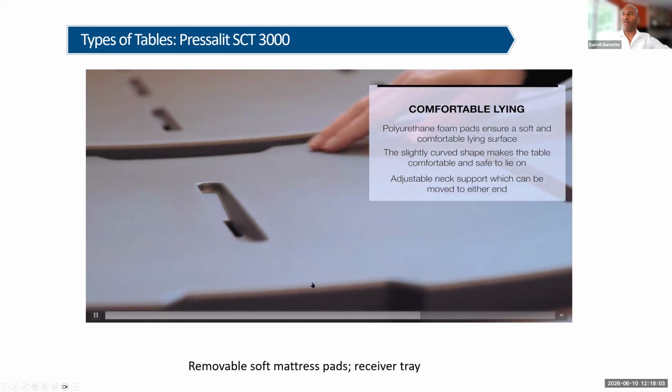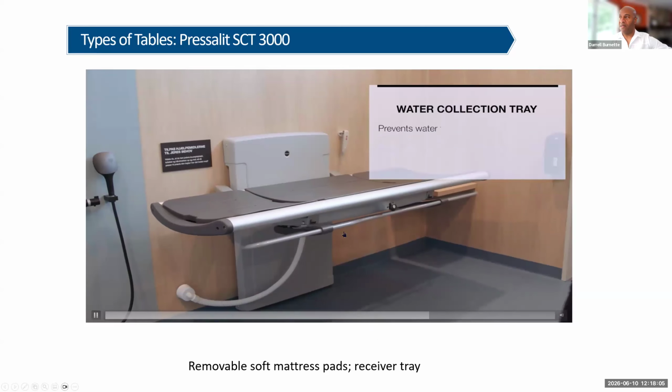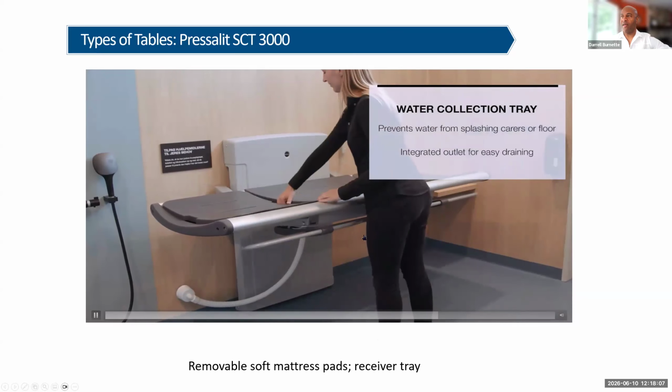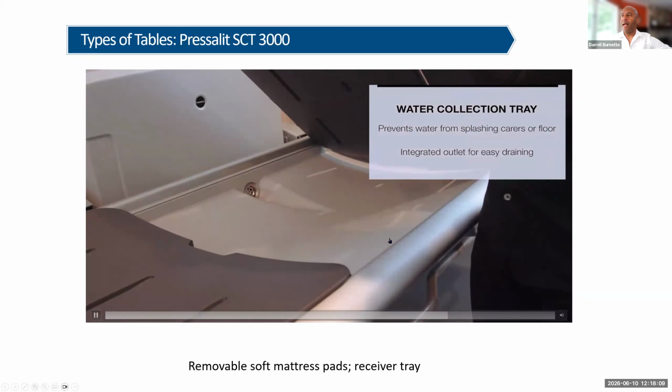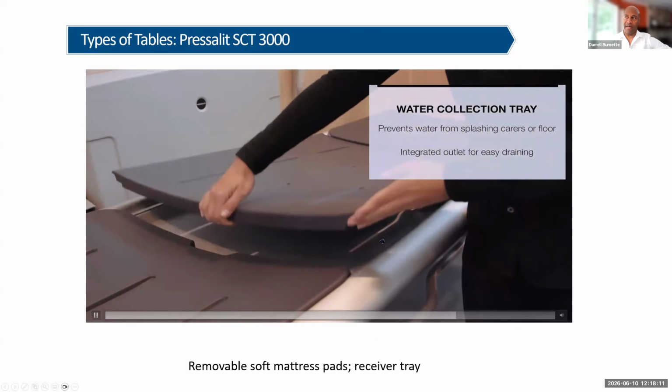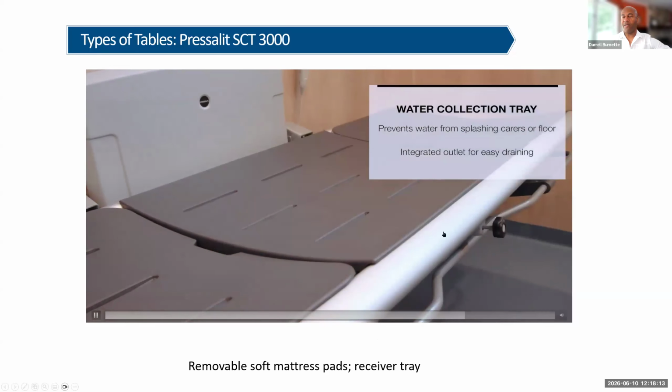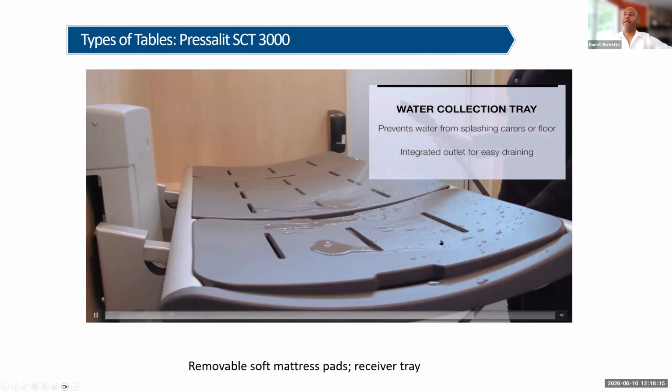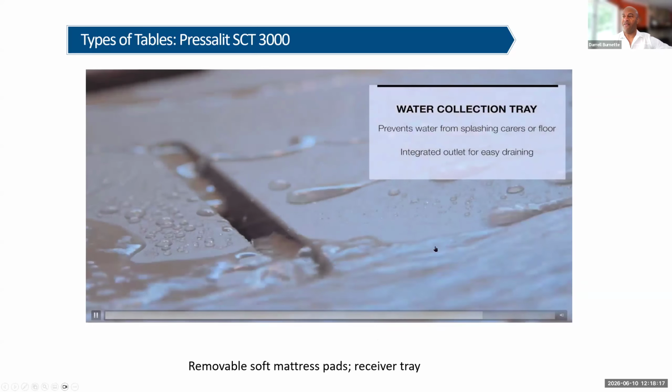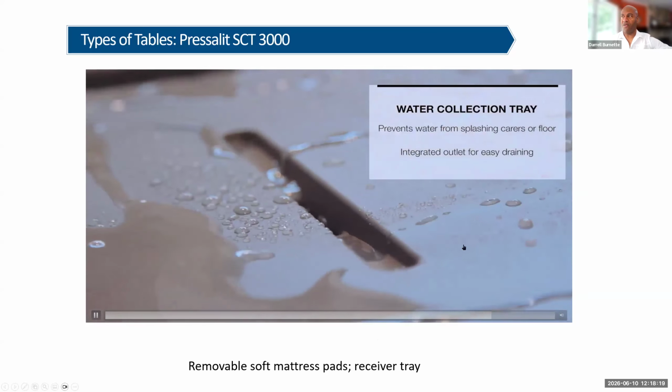So this is a Pressalit 3000 with the removable pads and water collection tray, and you can connect it to a drain in the room. Or sometimes they will just have a drain in the floor, or it does come with a hose as well.